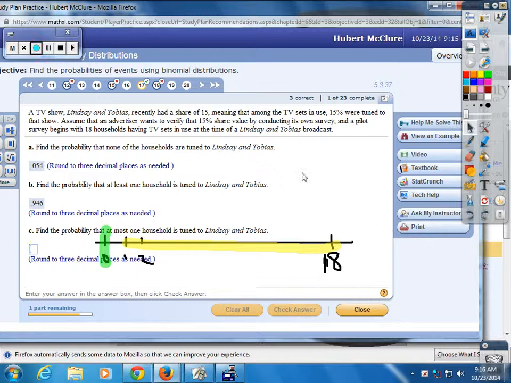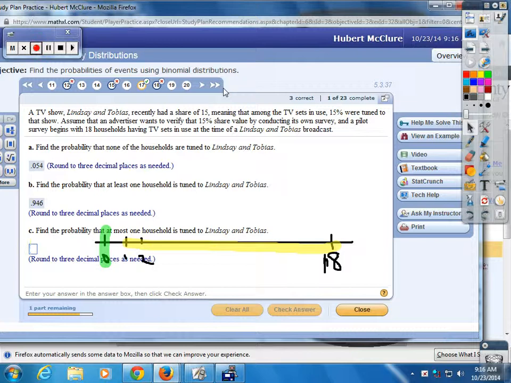You should quit school. Find the probability that at most 1. At most 1. What does at most 1 mean? That means your highest number is what? So what would that include? The probability of 2 things, 0 and 1. You would be surprised how many students just sit there and stare at that.